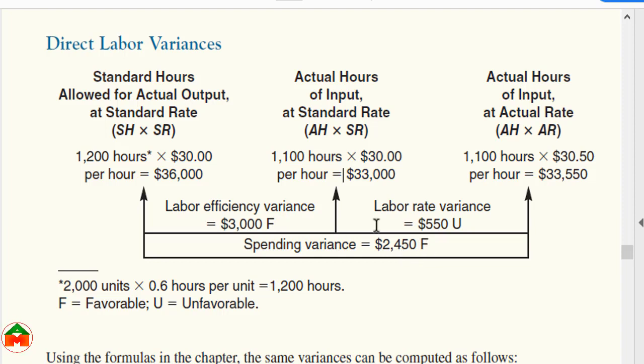If this is favorable and this is favorable, we have to add both amounts. Again, if this is unfavorable and this is unfavorable, we have to add. But since they are opposite, favorable and unfavorable, we have to deduct both amounts to arrive at the spending variance. So this is the labor variances. This is the labor efficiency variance, this is the labor rate variance, and this is the spending variance.